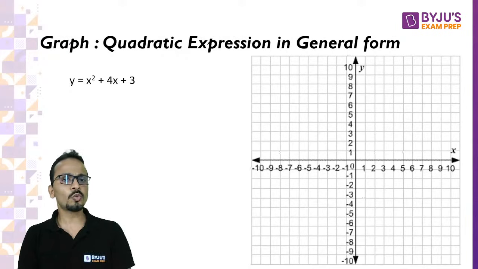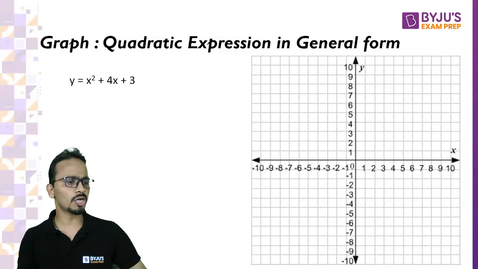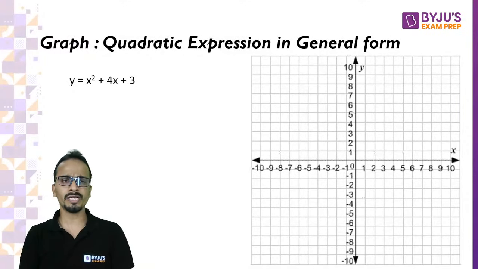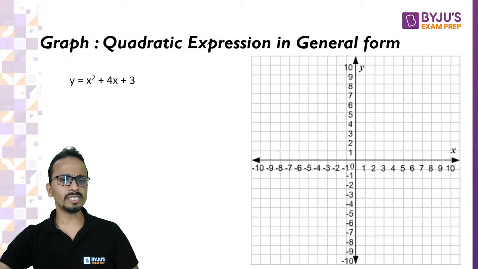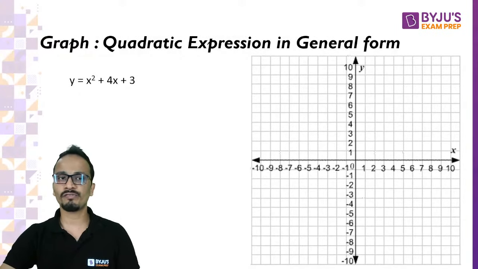a x square plus b x plus c is the general form in which a quadratic expression is given. I have taken an example of x square plus 4x plus 3. First of all, I will convert this expression into a perfect square form.